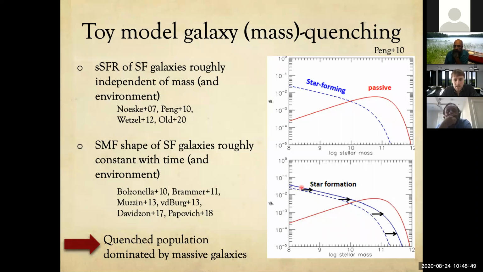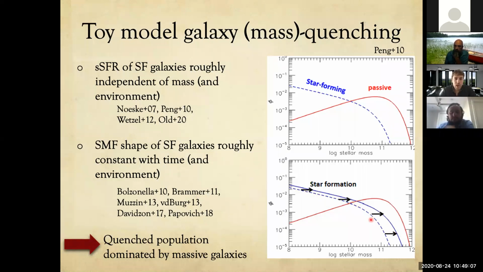So what that means is that if you look in this log plot, the first point tells you that if you don't do anything to a star forming population, you just have in situ star formation, and all star forming galaxies grow in stellar mass, roughly like the arrows here point out.